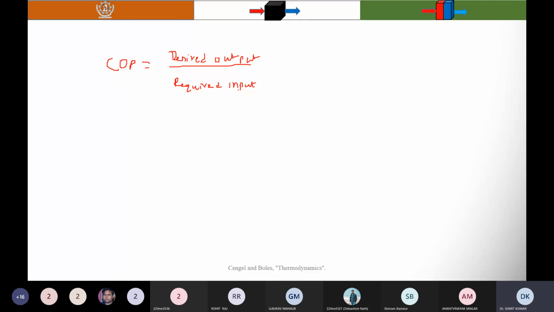This formula is valid whether you define the coefficient of performance for a refrigerator or a heat pump. It is the same, but the desired output may be different. And the required input is the net work supplied to the device.